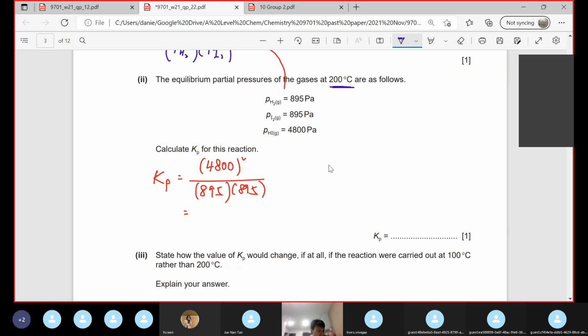It is 28.8, or 28.76. If you look at the mark scheme, you will notice that actually they accept 2 significant figures. Sometimes they accept, sometimes they don't, but we do not know when they accept and when they don't. So my advice is always minimum 3.